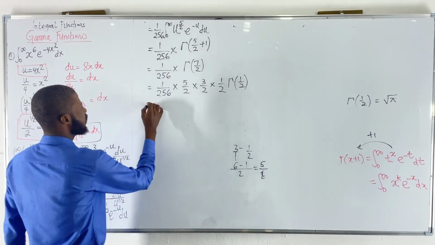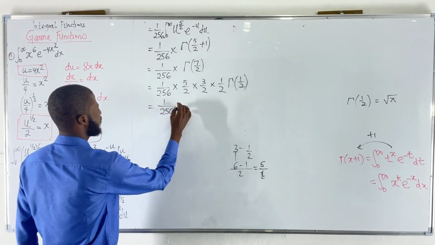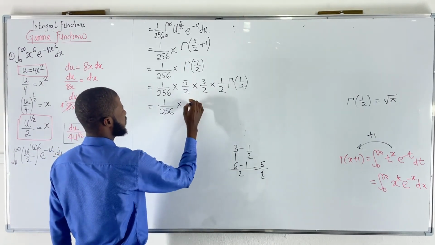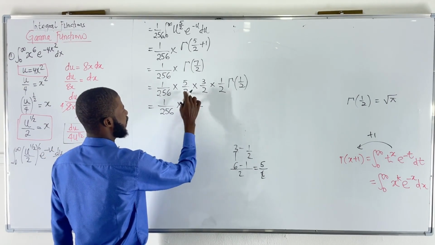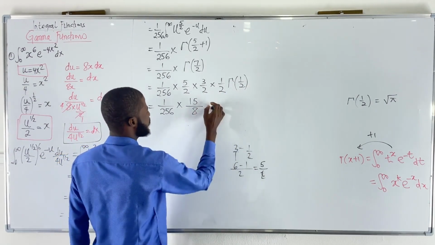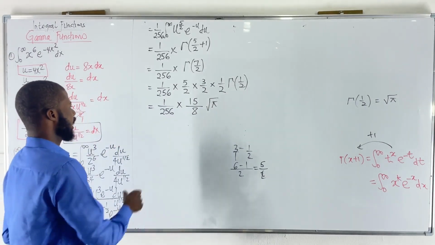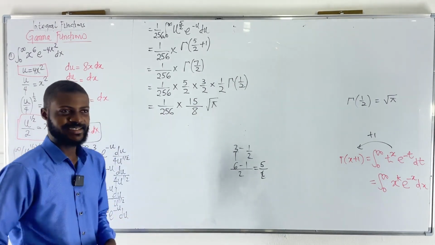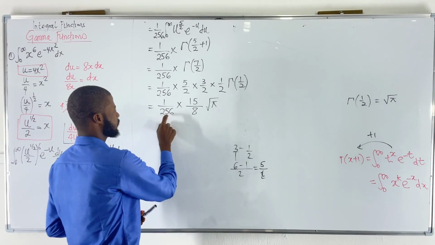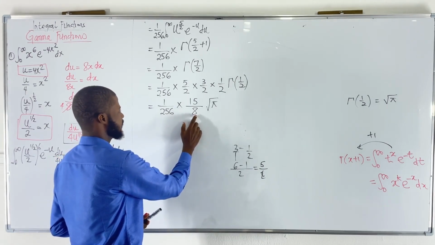Okay, so let's see. This is 1 divided by 256 times 5 times 3 is 15. So this is 15 divided by 2 cubed, that's 8. And then the gamma of half is the square root of pi. Now this times this, that's going to be a nice number. This is 8, this is 8, this is 3.